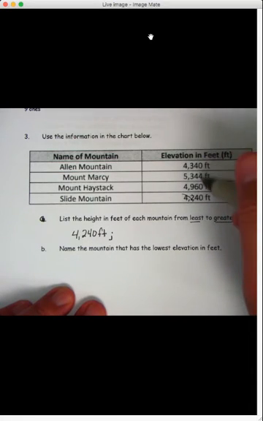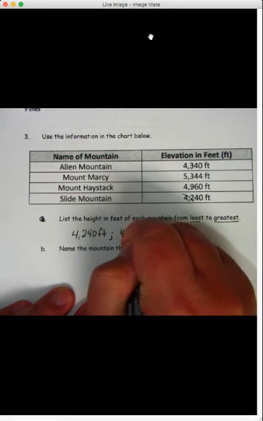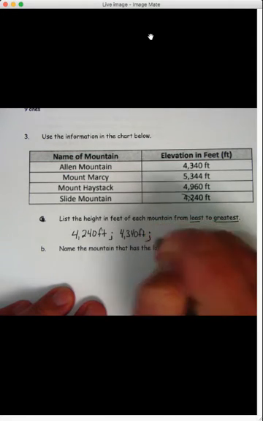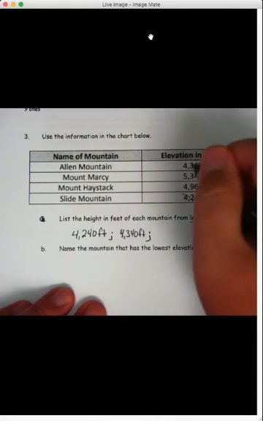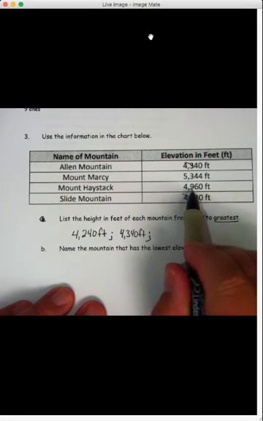So now we're looking at these 2 other 4,000 numbers. We've got a 9 and a 3 in the hundreds place. So this one is going to be next, 4,340 feet. And I'm going to put my semicolon and a space. So we got that one. This means this is the next one because it's the only 4,000 left.